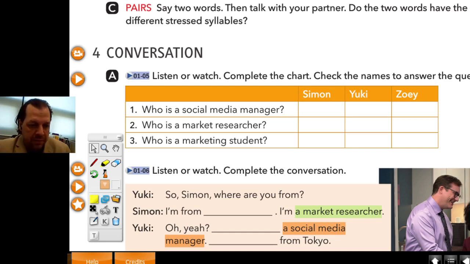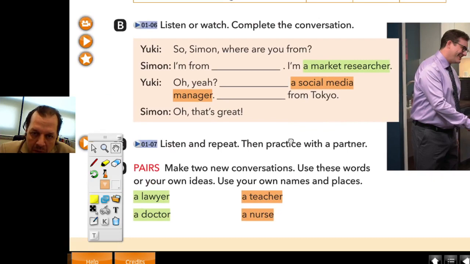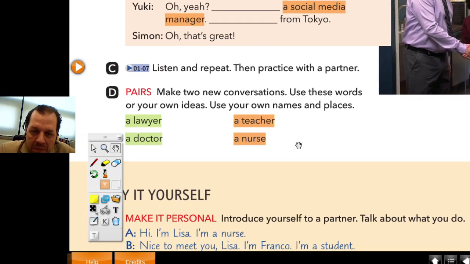All right, can everyone hear me? Okay. So we've watched that conversation. You are free to finish both the graph here and the conversation. We'll talk about the answers soon, but it shouldn't be that difficult.